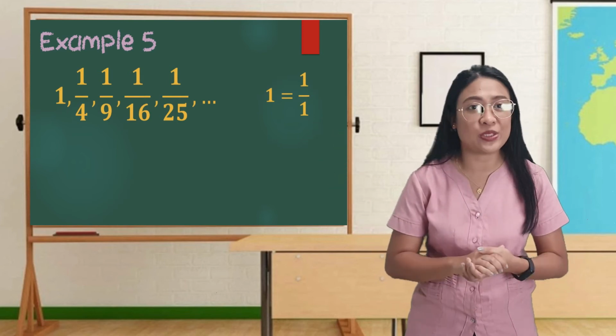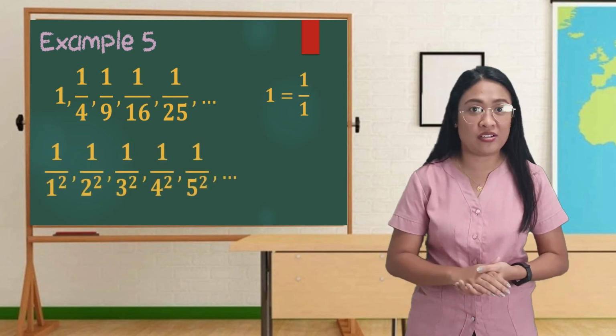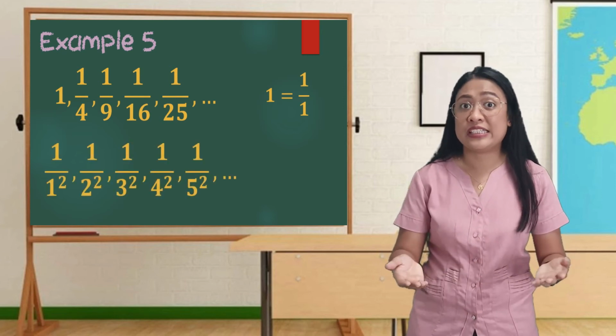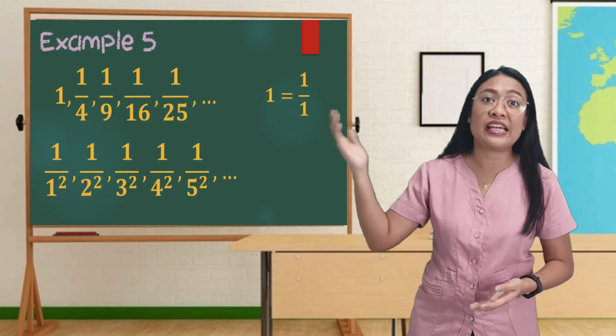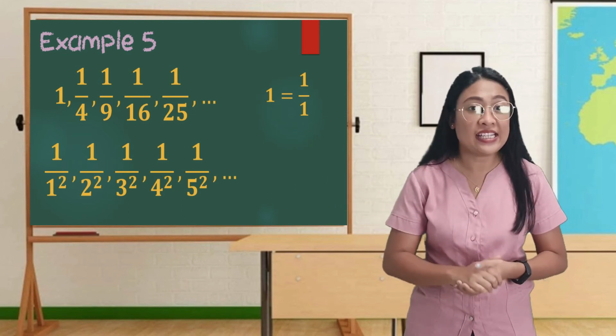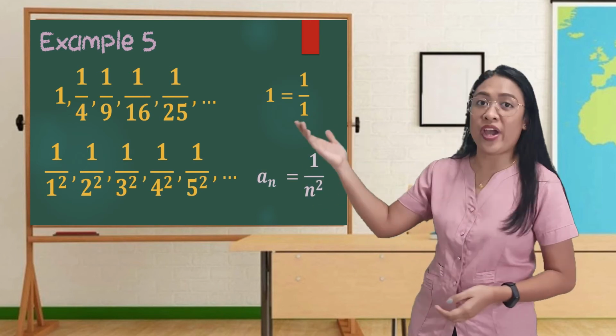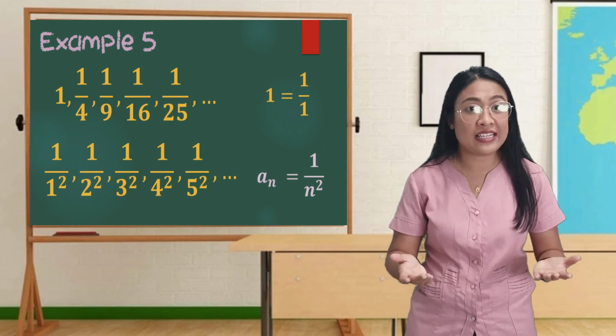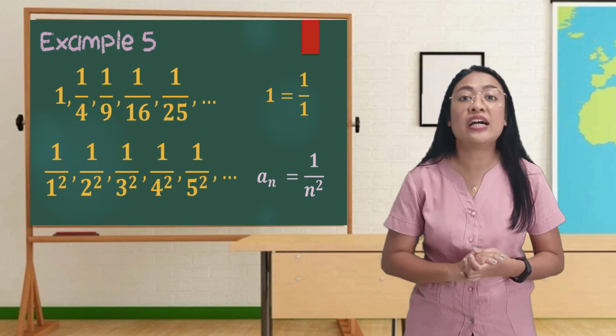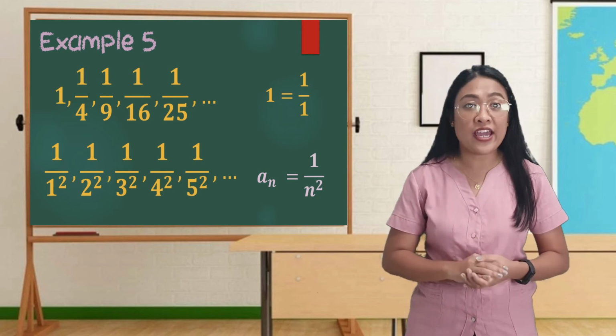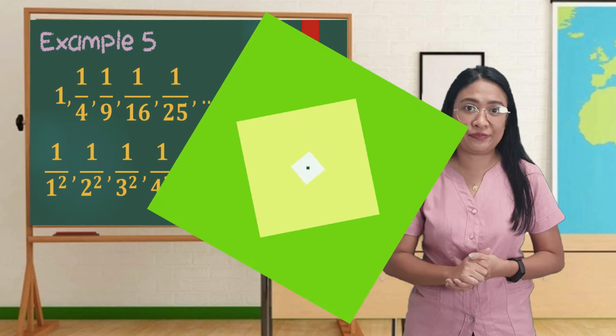Notice that the denominator is an integer square. Therefore, the nth term of the sequence is written as a sub n is equal to 1 over n squared, where n is equal to 1, 2, 3, 4, 5, so on and so forth.